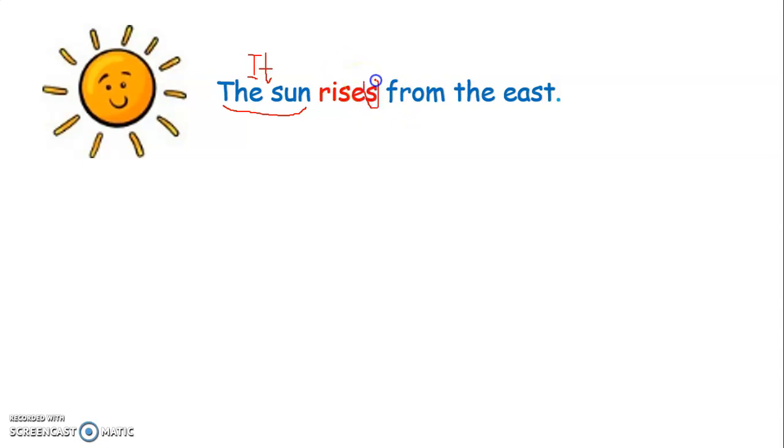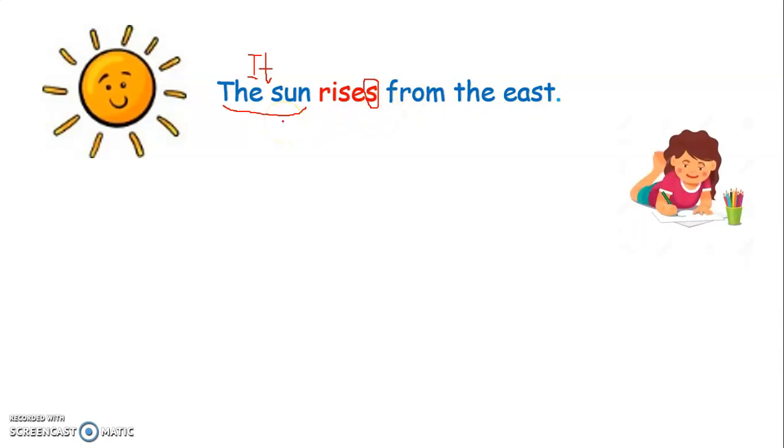We added S at the end of the verb to show simple present tense. With it, we added S to the verb. The sun rises from the east states a fact. Every day the sun rises from the east.